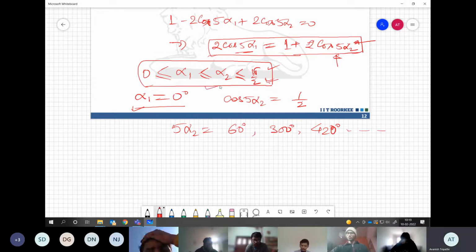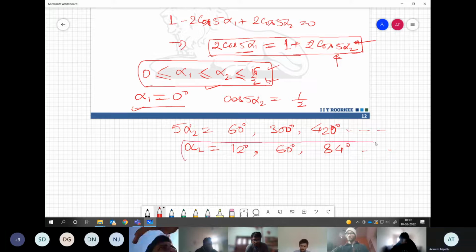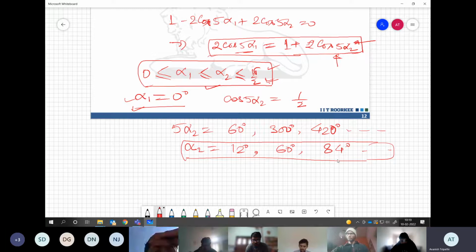So this inequality must be satisfied whenever we are solving this. So alpha 2 is coming out to be 12, then 60, then 84, and so on. Several solutions we are able to find for one given value of alpha 1, and all three values are within 90 degrees. So these are all acceptable values.